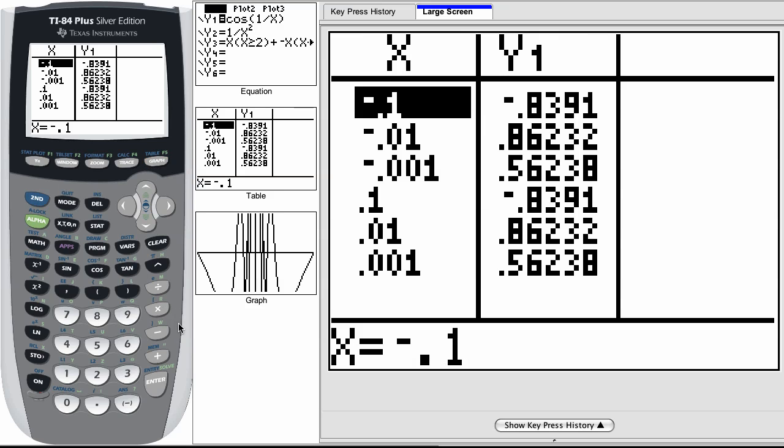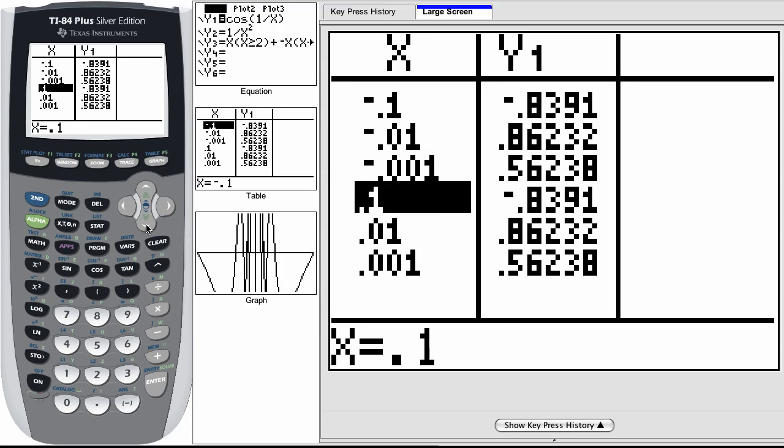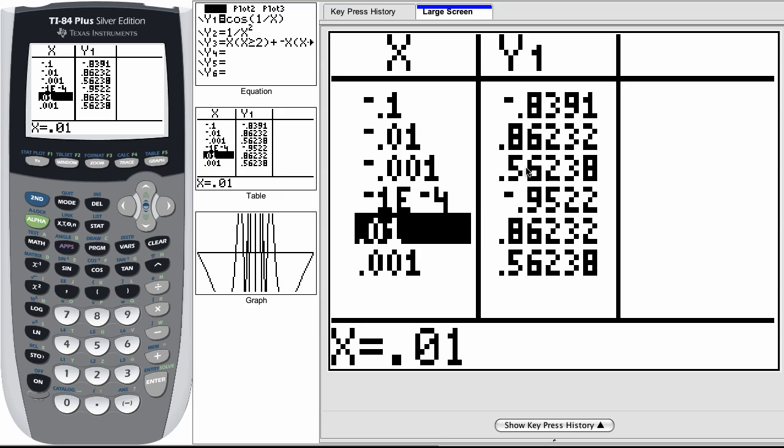Well, the trace isn't going to help us out too much, but the table, if we just look at the table here, -0.1 gets mapped to this number, and then as we get closer to 0, then we went positive, and as we got closer yet, we got smaller. If we actually come down here and enter in even a smaller number, you'll see that we went from negative to positive to a smaller positive back to a really big negative.